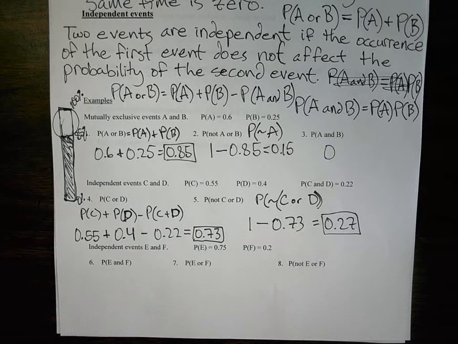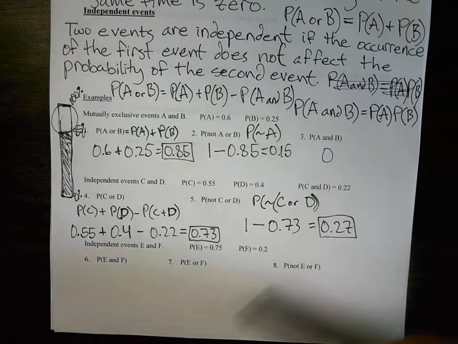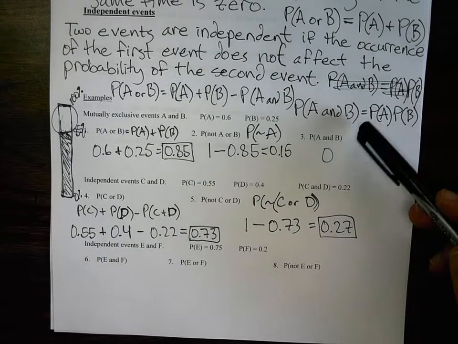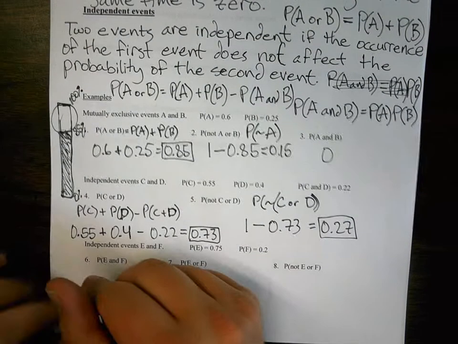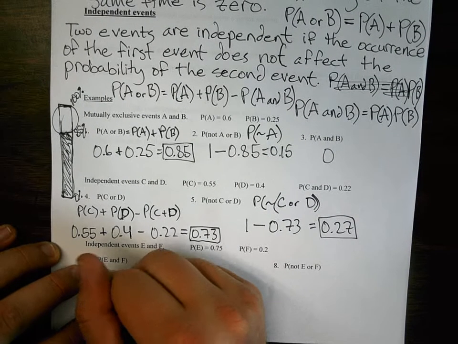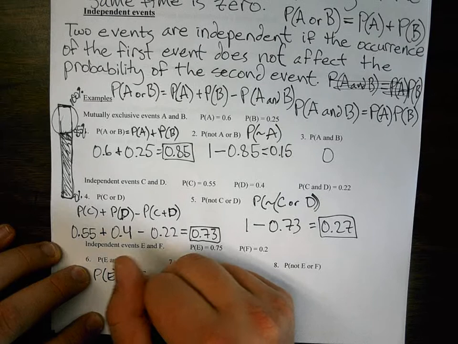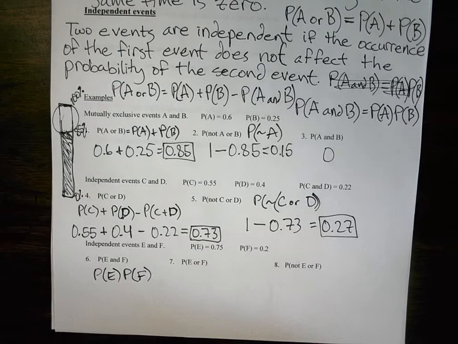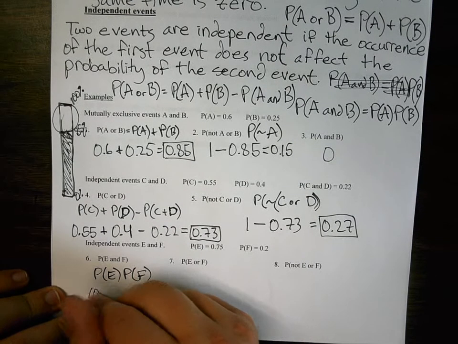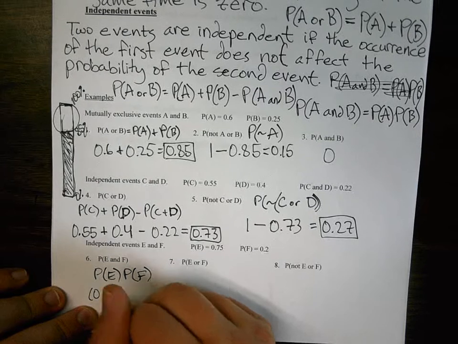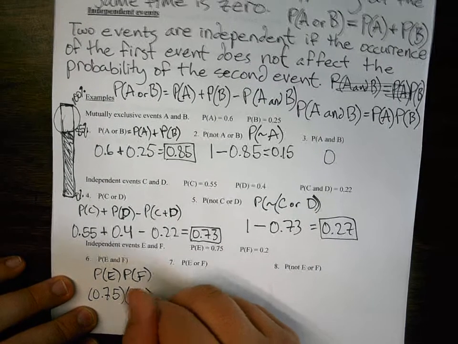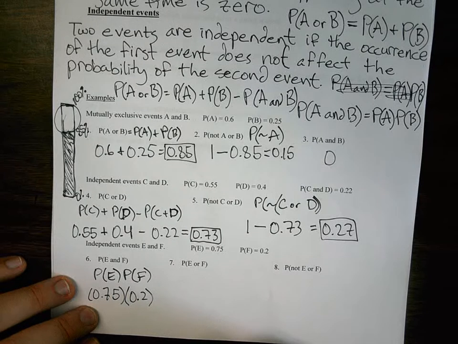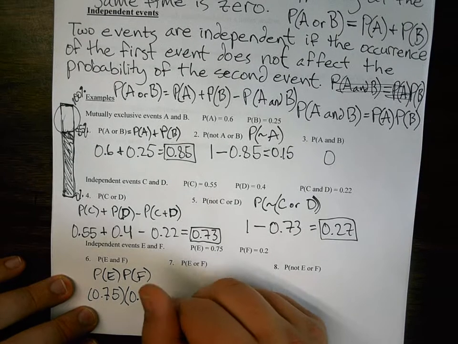Well, remember, when they're independent events, the probability of A and B is just the probability of A times the probability of B. So all we have to do is multiply the probability of E times the probability of F. Plugging in, 0.75 times 0.2, multiplied together, you'll get 0.15.